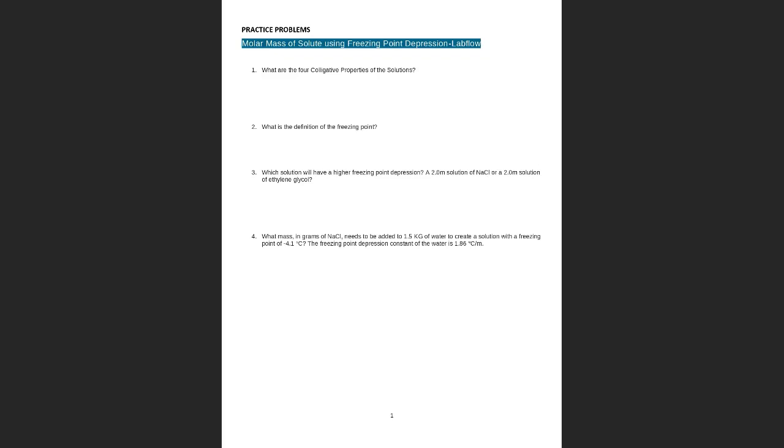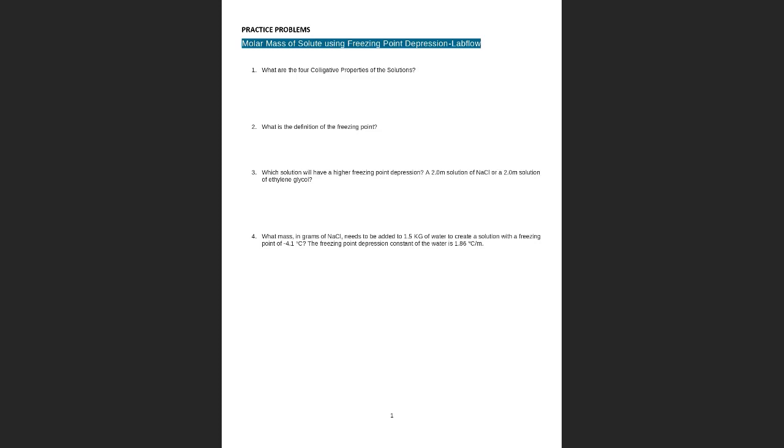So let's see, what does it say there? What are the 4 colligative properties of these solutions? We said that colligative properties means that it doesn't matter what kind of solute, it matters only the molality, only the concentration, how many particles we have. And there are only 4.